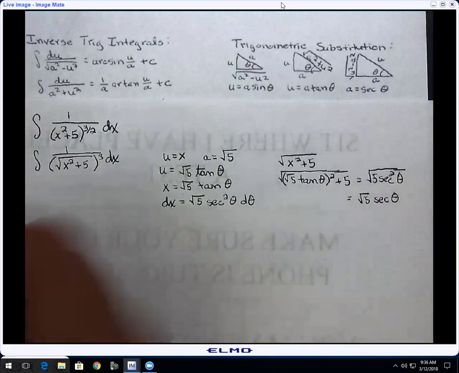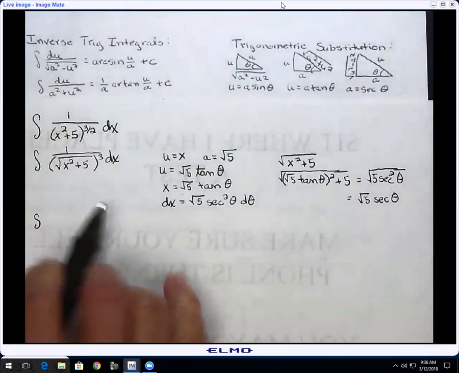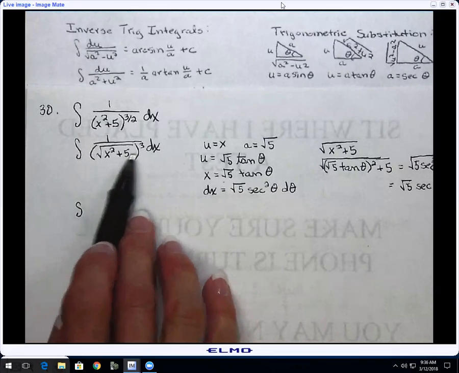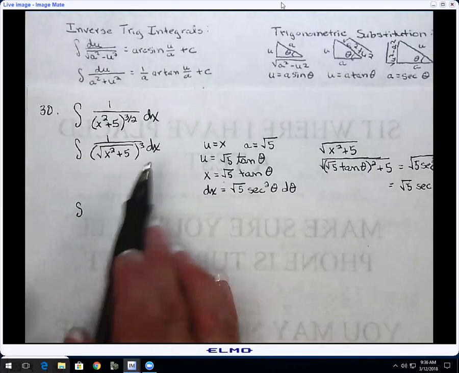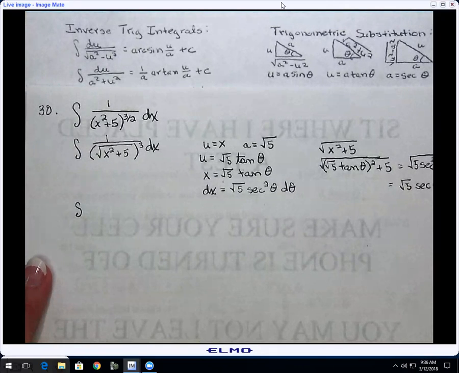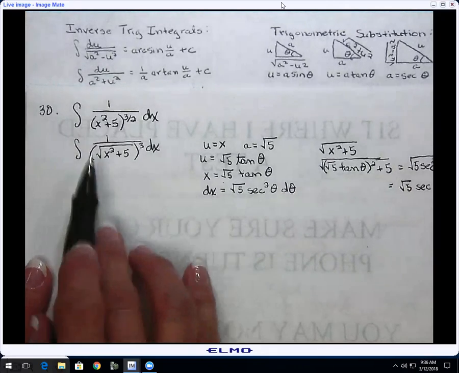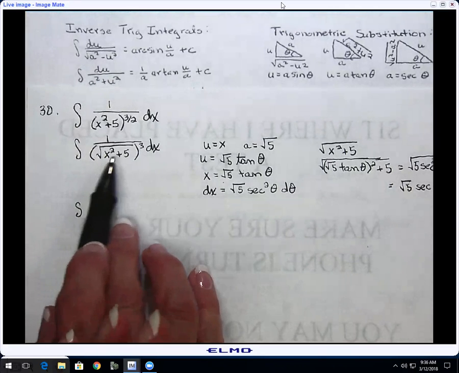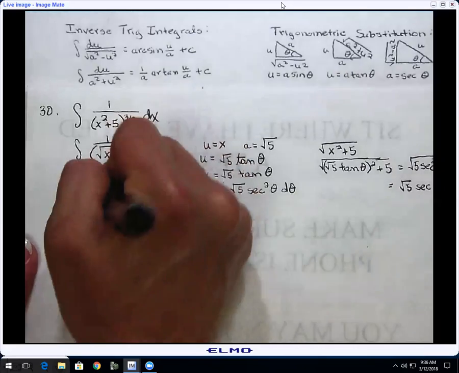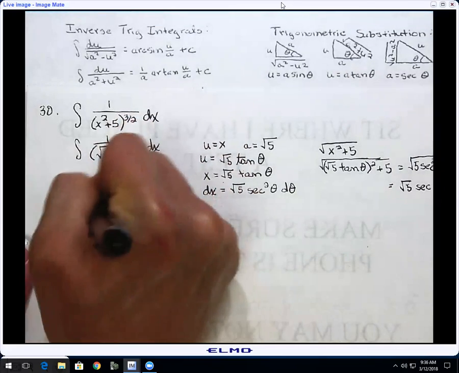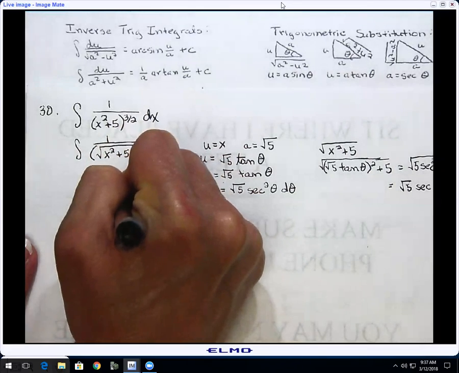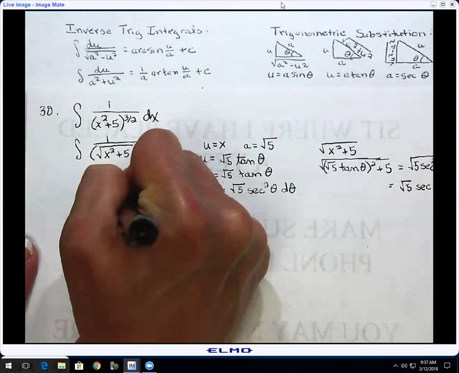So going back to this original problem now, or the little bit of rewriting that I did, how could I write that integrand in terms of all this stuff over here on the right? What can I put in place of square root of x squared plus 5? Square root of 5 secant squared, and that is cubed. Oh, not secant squared.